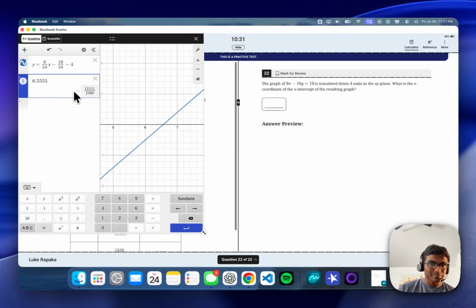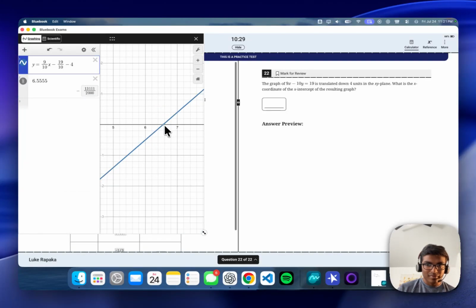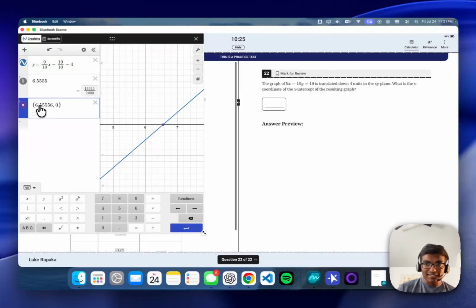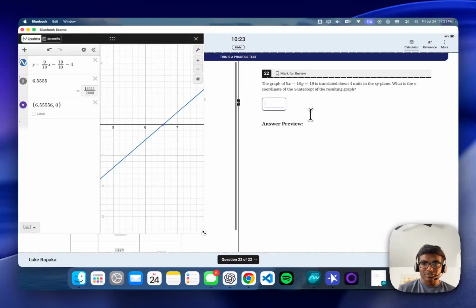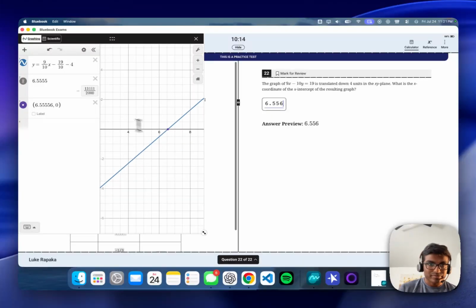Okay, so actually, I should be good just to type this in, literally as it says. So 6.5, yeah, I can just round it like that. What is the x coordinate? Yeah, that should be fine. Not tenths. Yeah, so I'm just double checking, but that should be good.